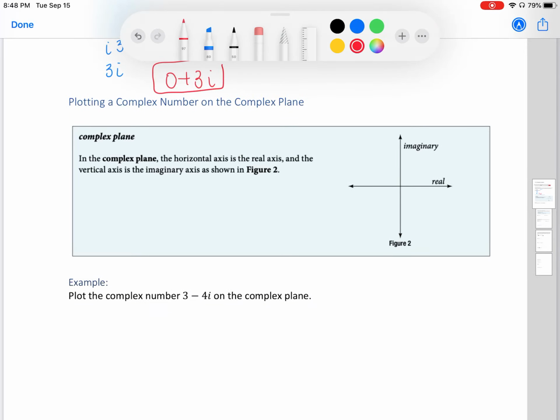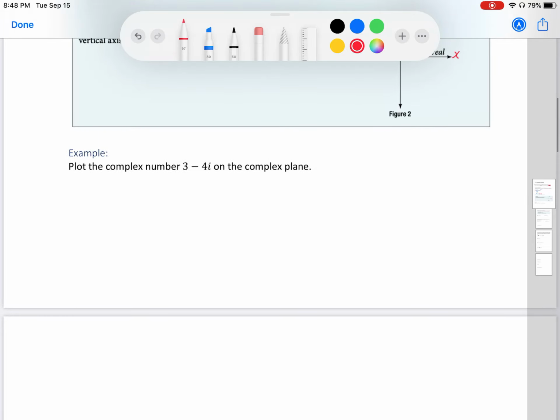Plotting a complex number on the complex plane. In the complex plane, the horizontal axis is your real axis, and the vertical axis is the imaginary axis, as we see here. So instead of x, we have the real and the imaginary. So let's go ahead and plot the complex number 3 minus 4i on the complex plane.